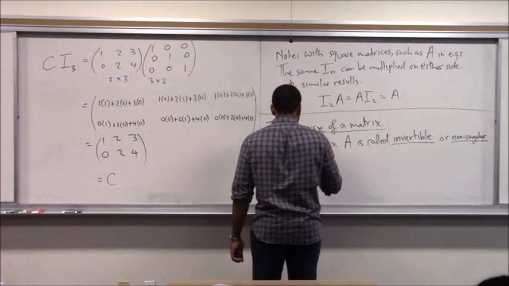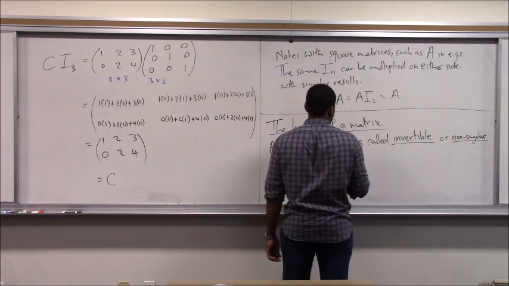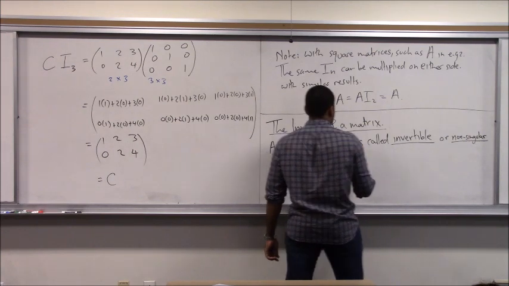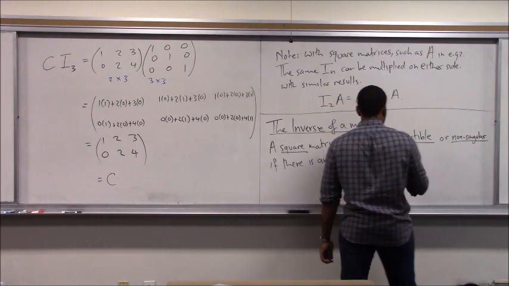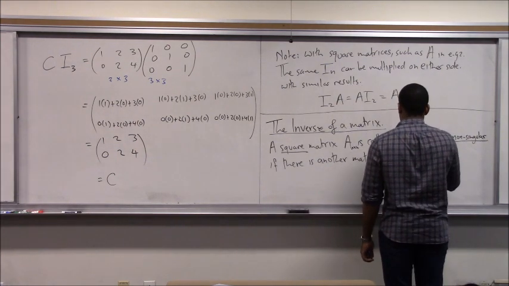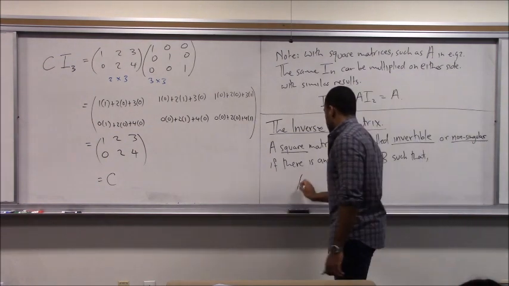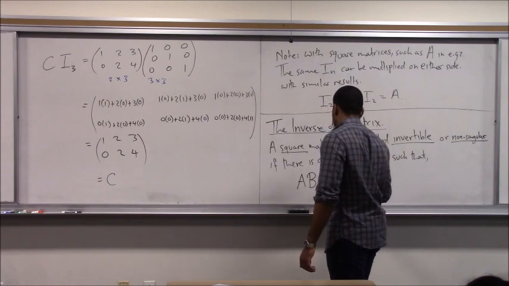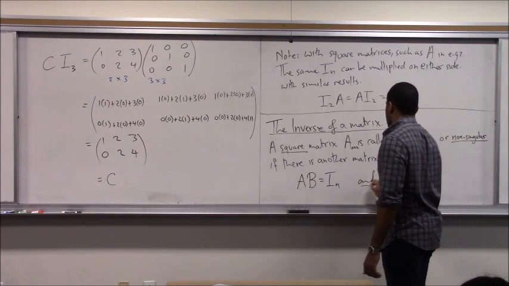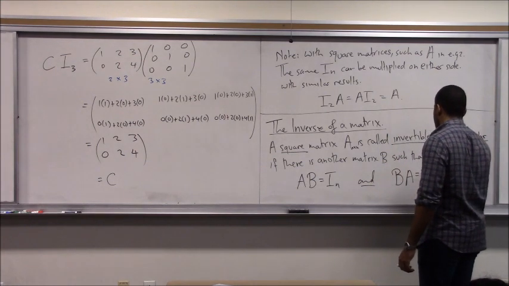If there is another matrix, say this is n by n, another matrix B such that if you take A times B, you get the identity matrix, and if you take B times A, you get the identity matrix.